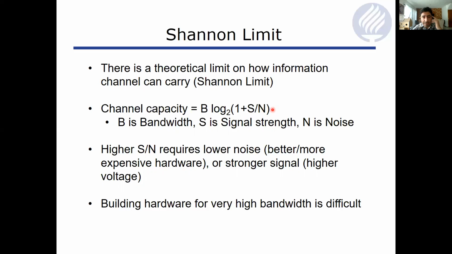So if your signal is stronger, you can send data faster. If the noise in your circuit is lower, you can send data faster, of course. This is a theoretical limit, as I mentioned, and in fact systems today can get close to this theoretical limit.